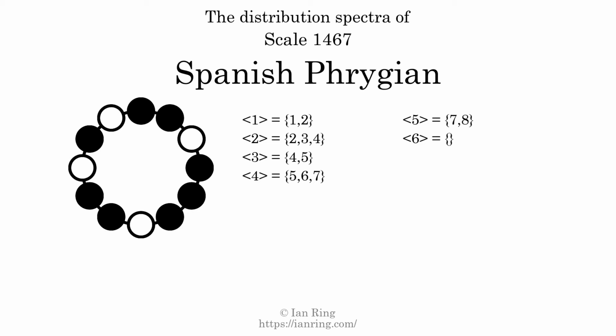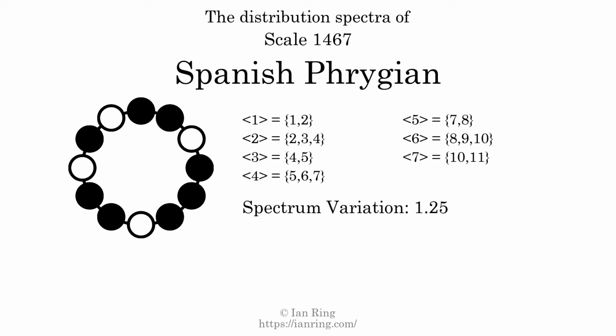The generic interval of 6 scale steps comes in 3 different specific interval sizes, 8 semitones, 9 semitones, and 10 semitones. The spectrum width of this generic interval is 2. And finally, the generic interval of 7 scale steps comes in 2 different specific interval sizes, 10 semitones and 11 semitones. The spectrum width of this generic interval is 1.